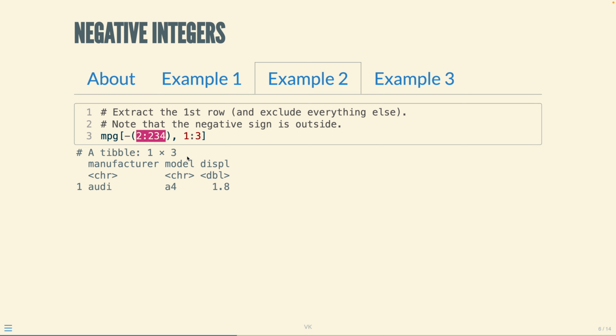We're basically saying get rid of all the rows from the second row all the way to the 234th row, and extract the 3 columns. So we can imagine that it's only going to return the first row, because we don't want everything else, and the first 3 columns. Okay, so this is another way.